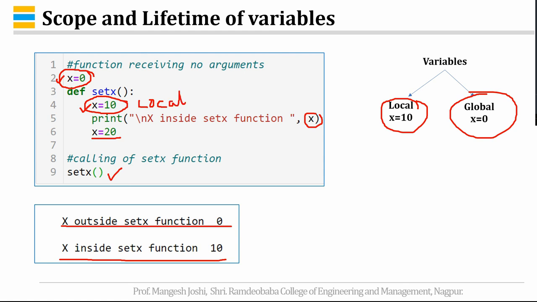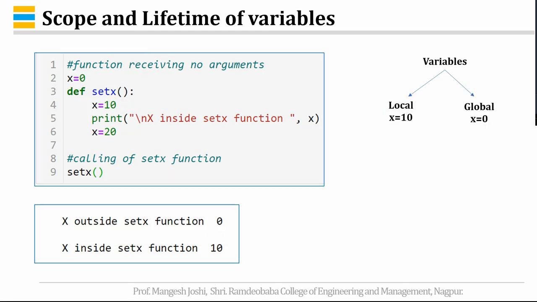And x which is defined outside any function is called a global x. That's why x can hold two different values, 0 and 10. Inside the set x function the value of x is 10, but if you print the value of x outside this function, it will always print 0. So this is the basic difference between local variables and global variables.